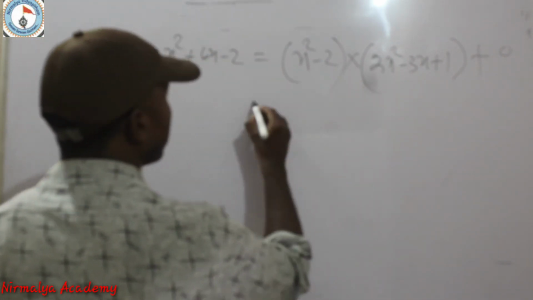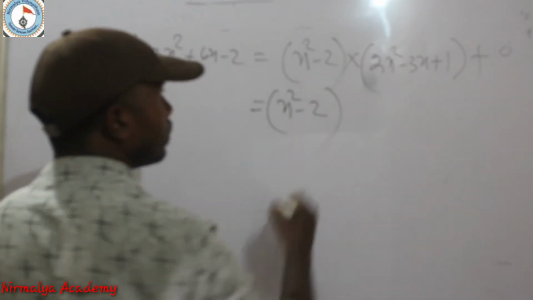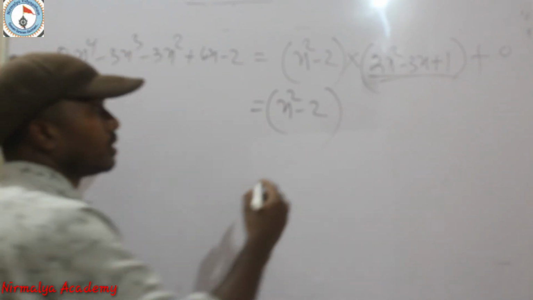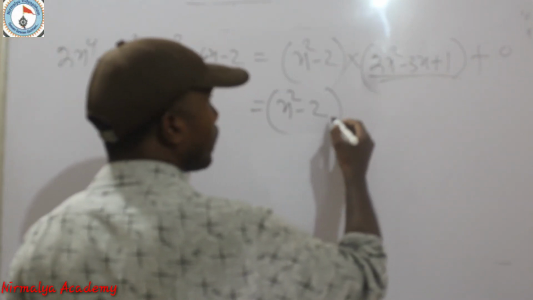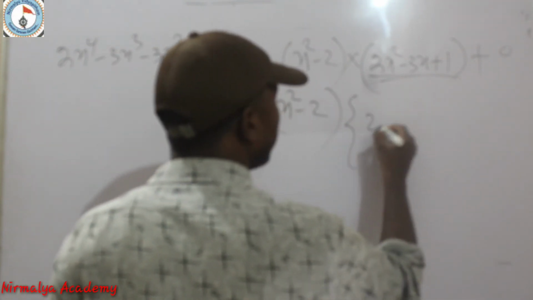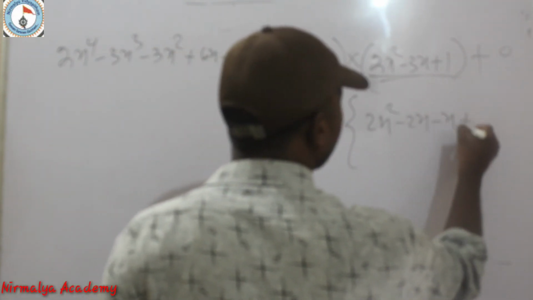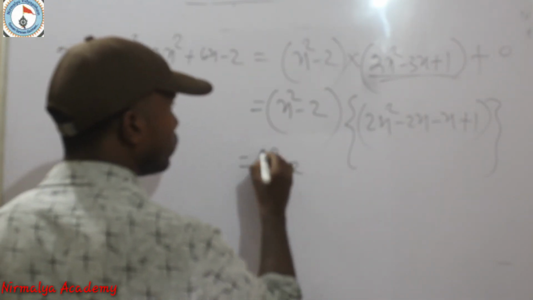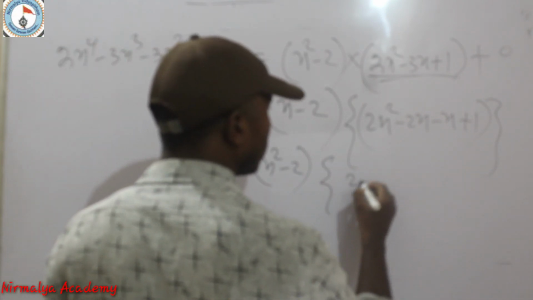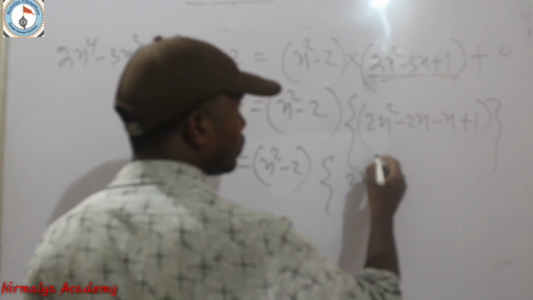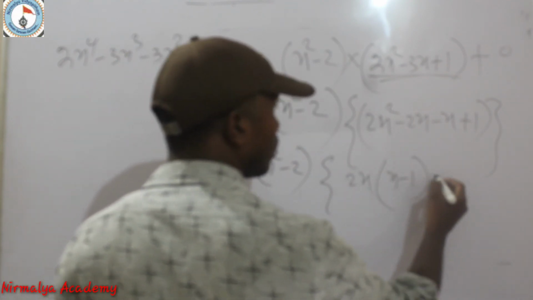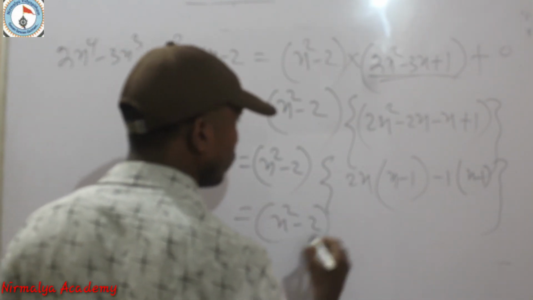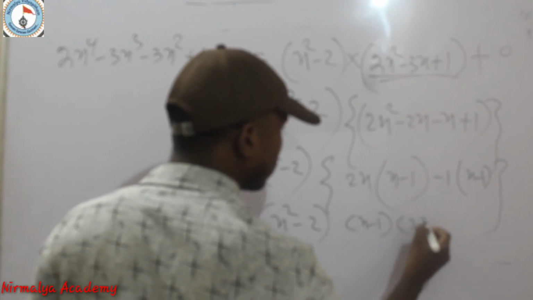So next, x square minus 2 into 2x square minus 3x plus 1. Now we will factorize it. On splitting the middle term, we get 2x square minus 2x minus x plus 1. Taking 2x common, we get x minus 1, minus 1 into x minus 1. So that equals x square minus 2 into x minus 1 into 2x minus 1.